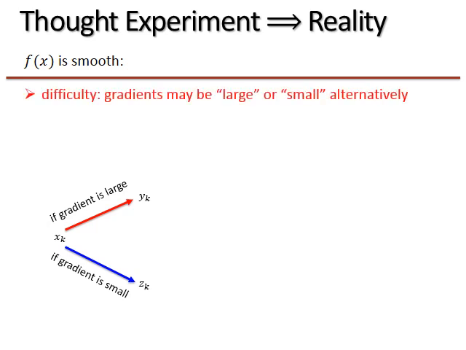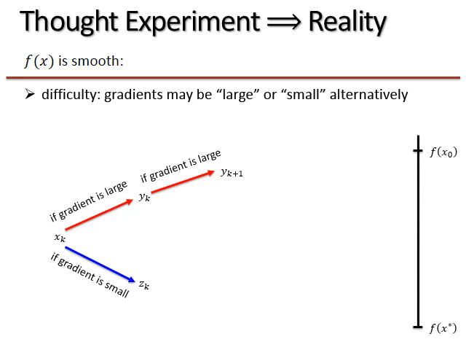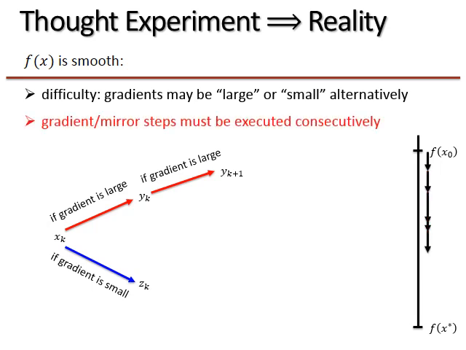The difficulty now arises because in reality, we may sometimes receive large gradients and sometimes small gradients. In fact, if we keep receiving large gradients, remember from the previous slide, we can keep decreasing the objective. All right? But in fact, gradient and mirror steps have to be executed consecutively.